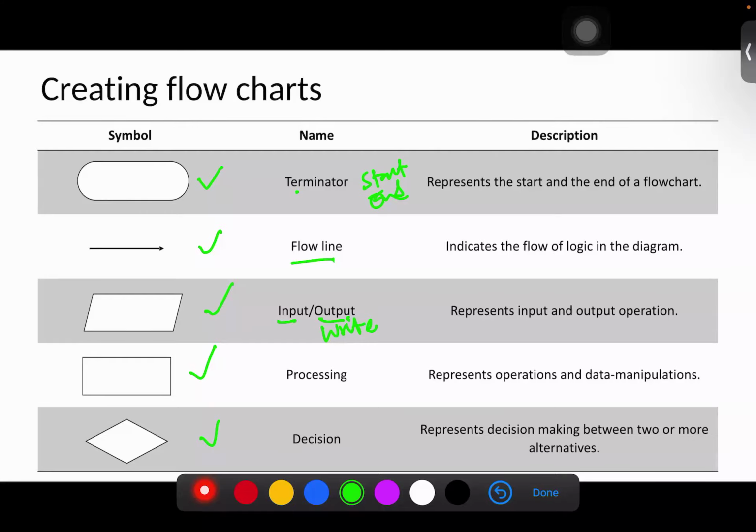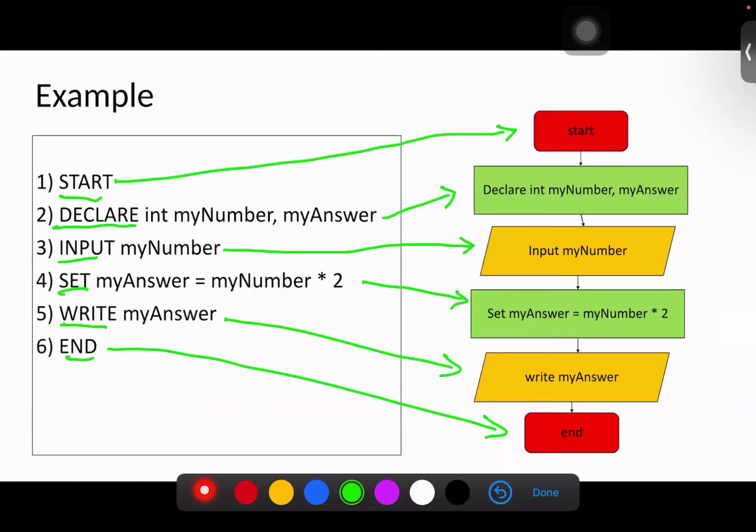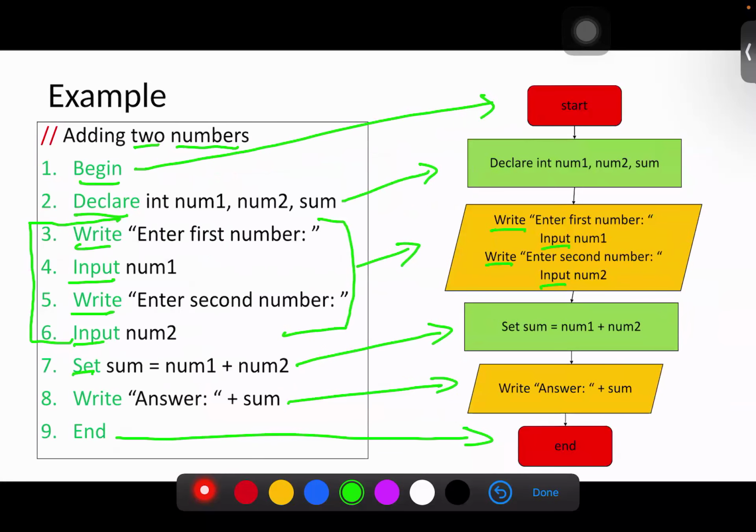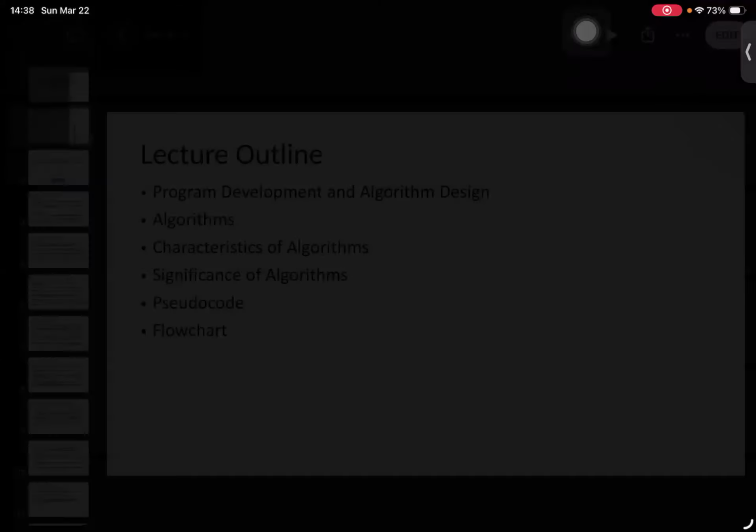If you see the word declare, or the word set, or the word calculate, any of those words indicate a process, so you use the rectangle. Then if you see an if, or a while, or any of those other words indicating decision, you use a kite. So all we have to do is to read the line and indicate it with the correct shape. That's all we are doing in flowchart. So look at this very carefully.